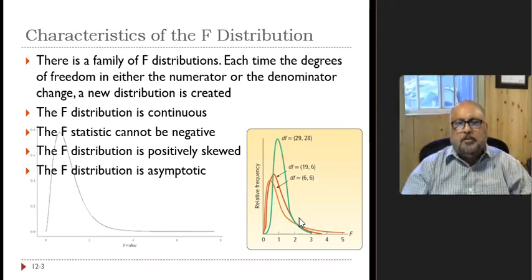And the distribution is continuous, as you can see, and non-negative. So the F statistic in this case cannot be negative. The F statistic is what we call F values. They are always greater than or equal to 0. As you can see, there is nothing on the left hand side. Everything is on the right hand side, which is a positive quadrant here.